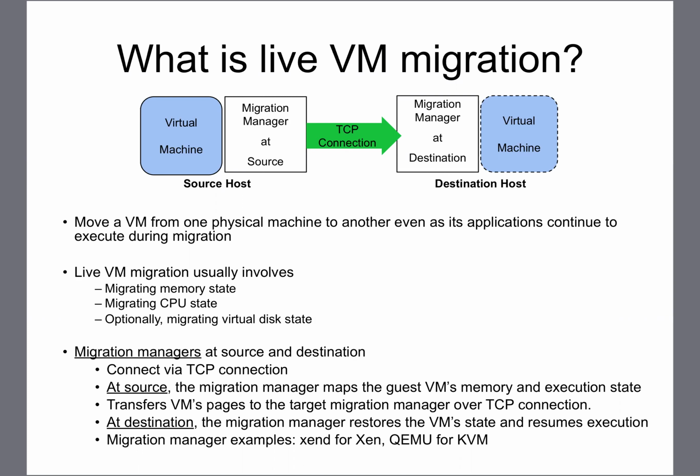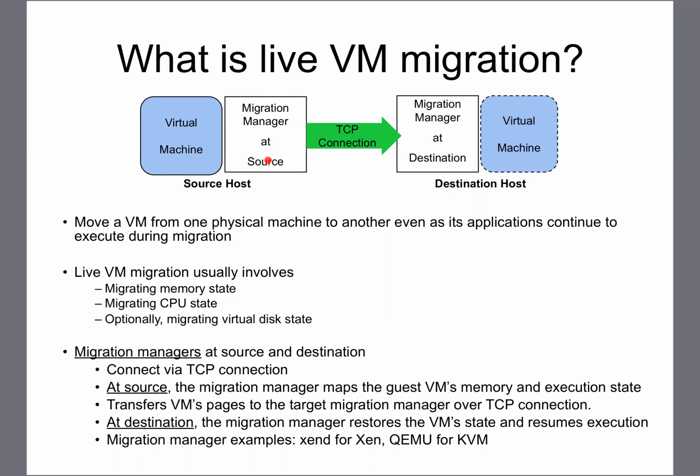As the picture shows here, we have a migration manager at the source machine that runs besides the VM. So for every virtual machine, there is some sort of a migration manager process. And then at the destination, there's another migration manager process. These two processes talk to each other through a TCP connection.